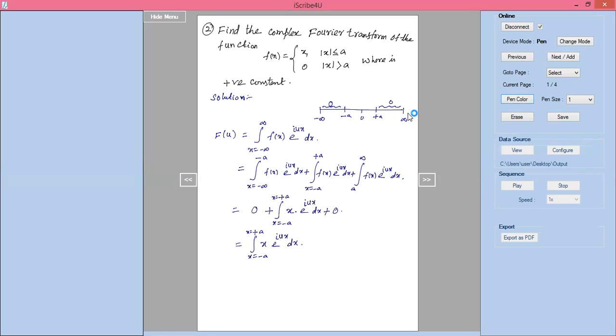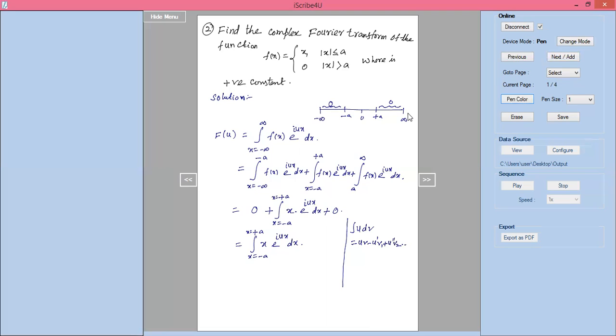I'll write here, see Bernoulli's formula. Integration of u dv equal to uv minus u dash v1 plus u double dash v2 and so on. What is that u dash? It is differentiation. V is nothing but, dv if you integrate, you will get v. V1 means the v function we have integrated one time.